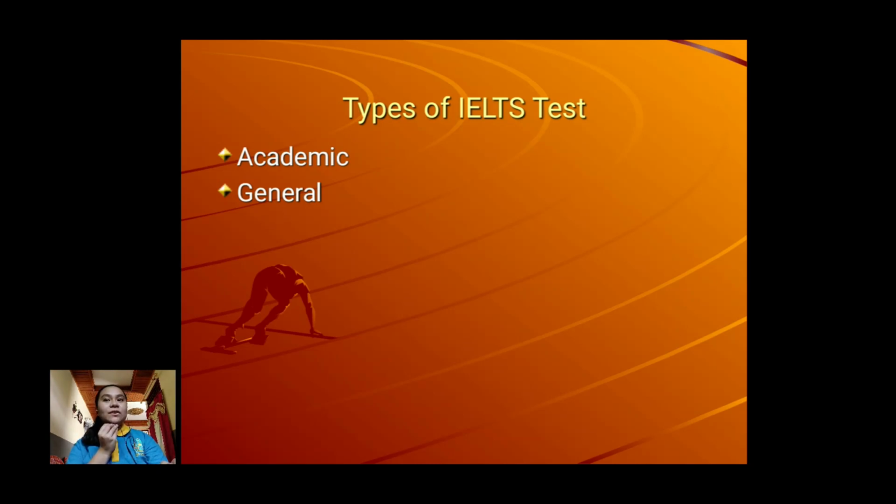Some countries require that students who want to study in their country take the IELTS test first. This is intended so that later the students will find it easier to speak and understand the material, which generally uses English.